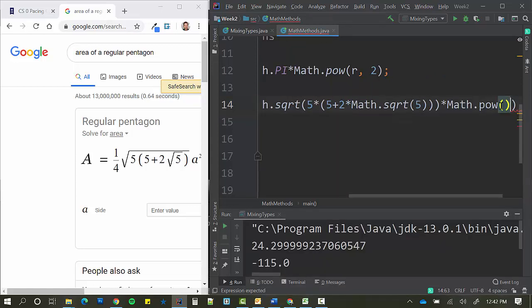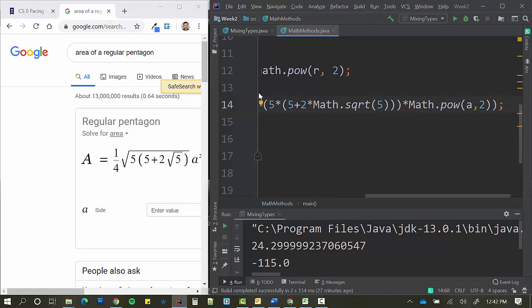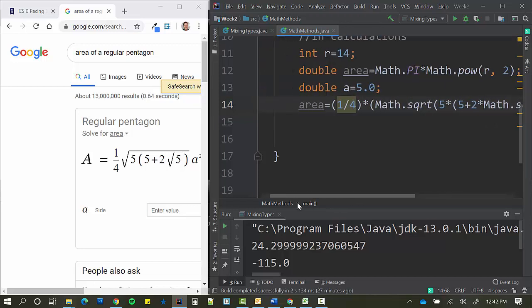So Math.pow a raised to the 2 power. Let's see if this agrees.